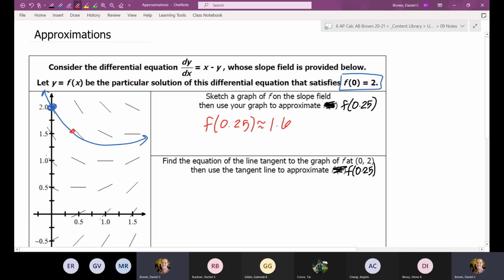We're just estimating. But that's one way that we can do estimation. We can draw in that slope field and just pick out where that y value is. What might be a downfall to just using what you draw to find an estimation? It will look different. Everyone's going to draw something slightly different. Everyone's going to find a slightly different estimation.